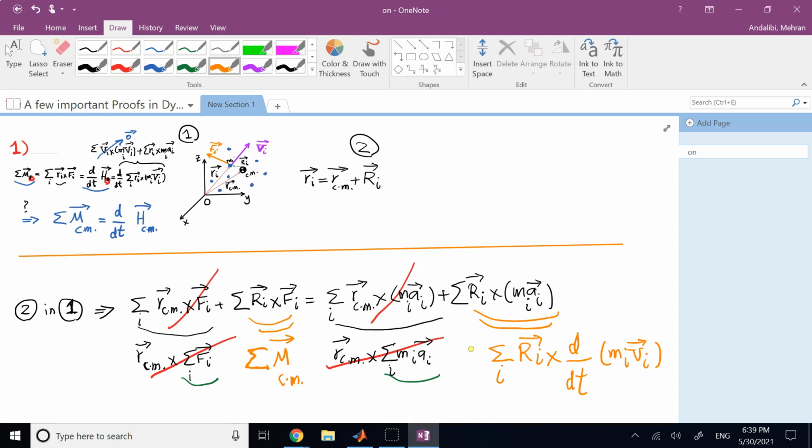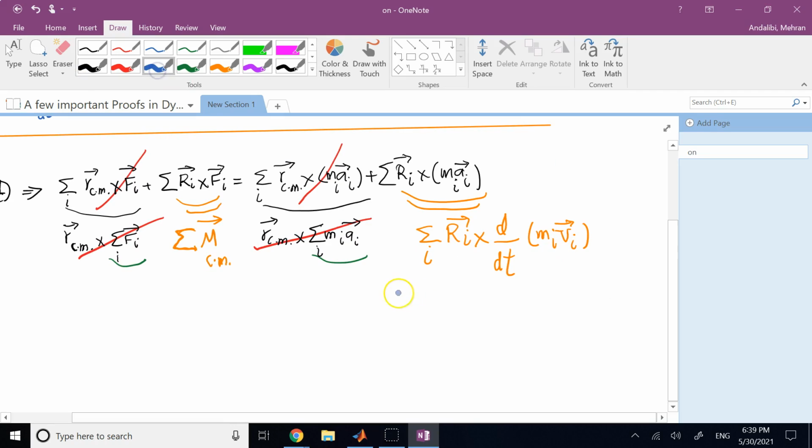If I can, then the remaining term, which is capital Ri cross MiVi, will be the definition of total angular momentum with respect to the centroid, right? Because all positions of the particles are now measured from this new origin, which is center of mass, with the position vectors capital Ri. So then it is going to be time derivative of summation of the moment with respect to the centroid. Can I do that? Can I bring this d/dt out? Right? And that's what we need to show.